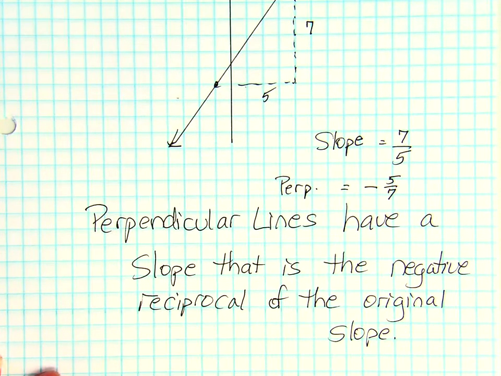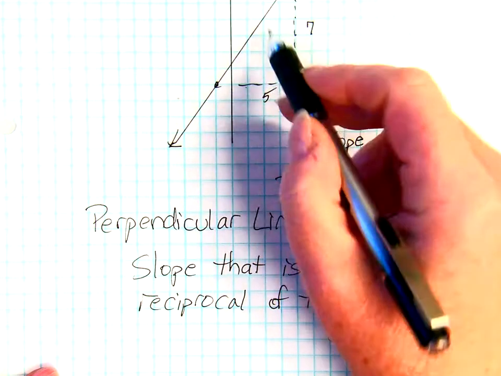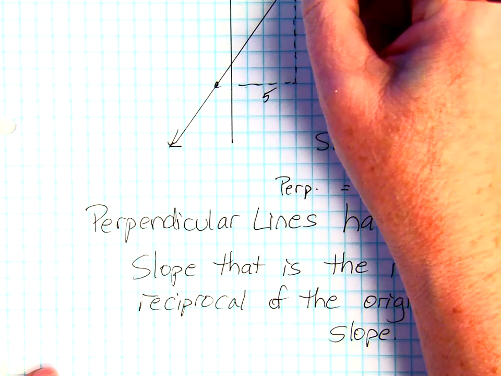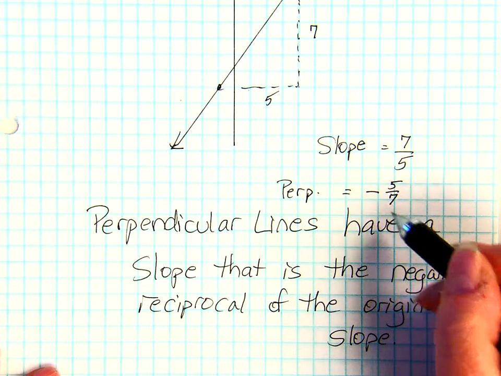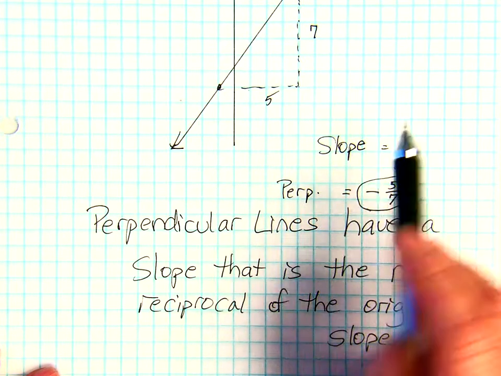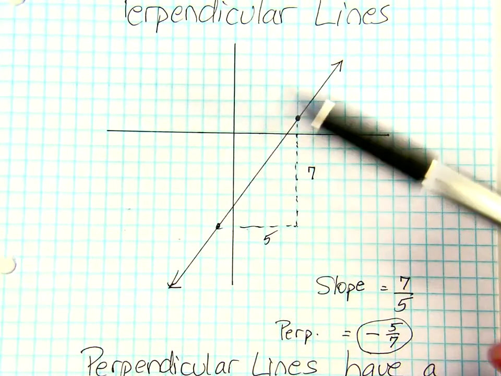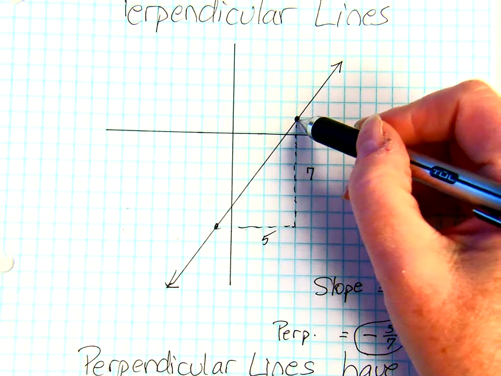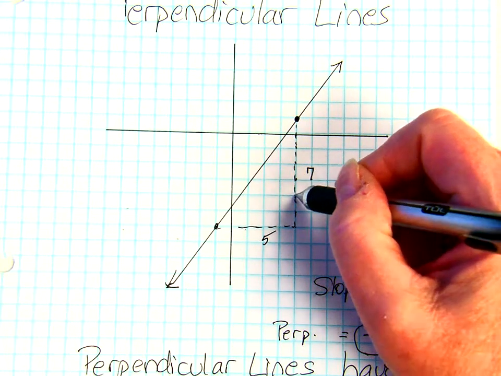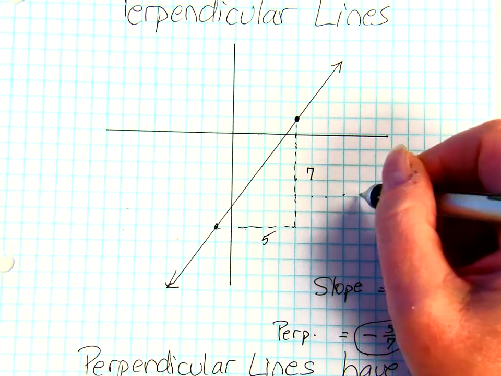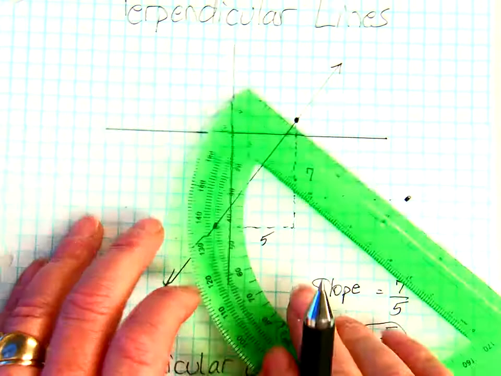Let's use this point here, and we're going to take a slope of negative 5 over 7 from our top point. From here, I'm going to go 1, 2, 3, 4, 5, then 1, 2, 3, 4, 5, 6, 7, going in a negative direction.